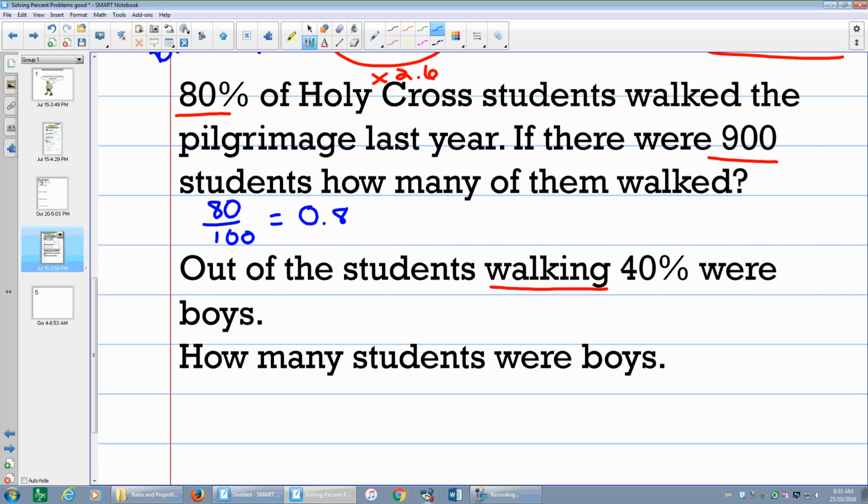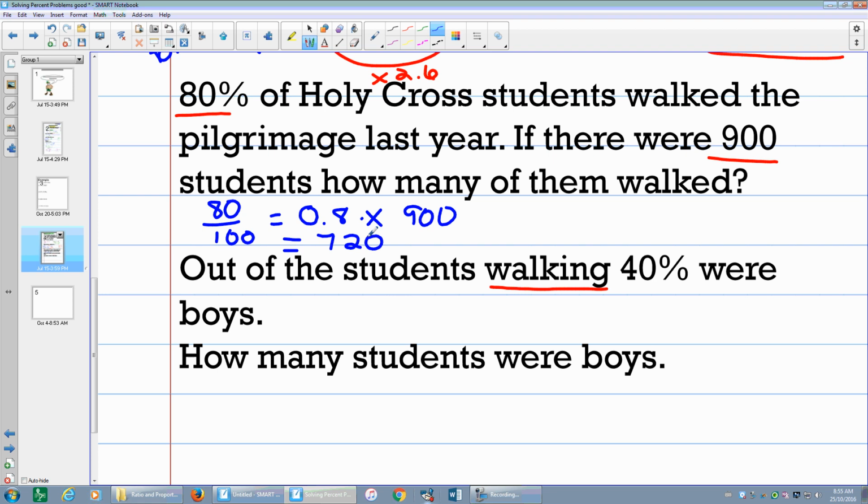Now, my next step is I multiply by 900, the total amount, which gives me 720. So out of 900 students, 720 students participated in the pilgrimage last year.